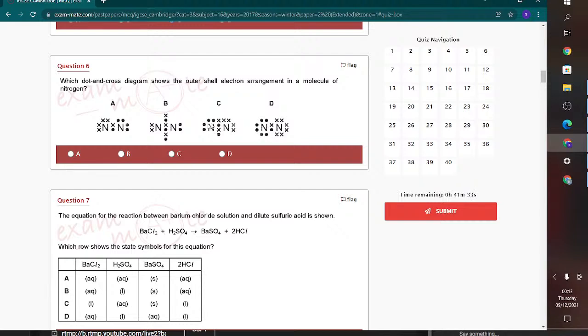Even this looks legitimate. Okay, it forms 3 bonds. Therefore, one bond, second bond, and third bond, and two electrons that are not making any pair, so a lone pair of electrons. So the answer is B.